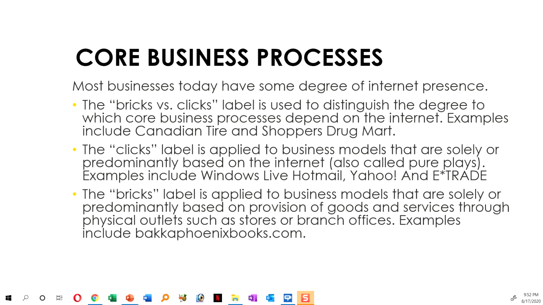The clicks label is applied to business models that are solely or predominantly based on the internet, while the bricks label is applied to business models that are solely or predominantly based on provision of goods and services through physical outlets such as stores. They use the word bricks, but further on they also use the terminology of bricks and mortar.